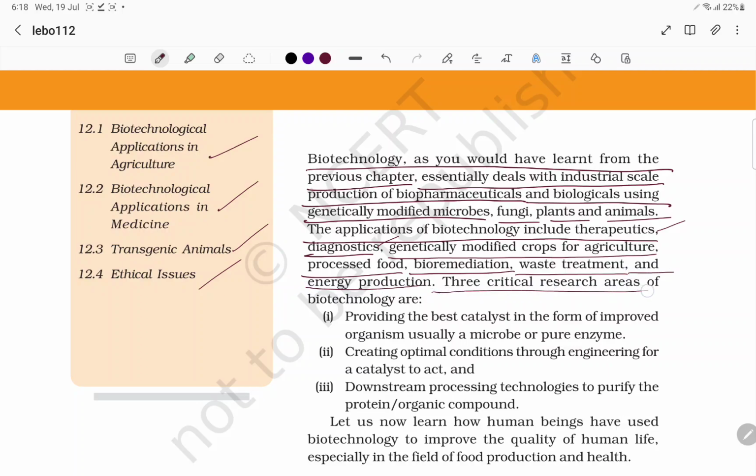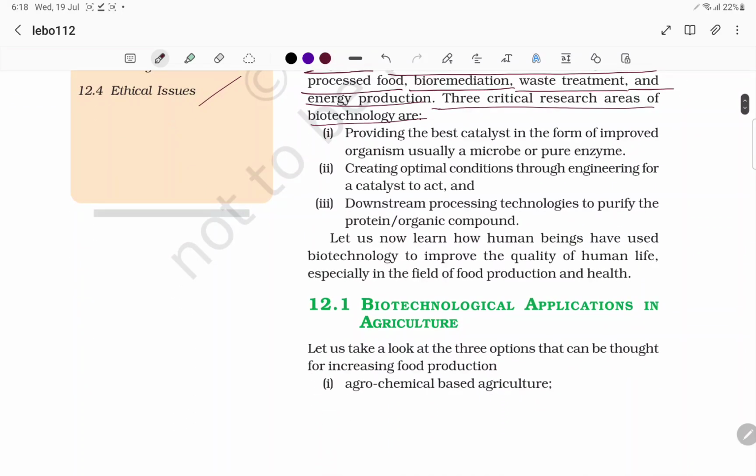So, three critical research areas of biotechnology are these. Remember: biopharmaceuticals, genetic modification of microbes, which is bacteria, fungi, plantae and animalia; and genetically modified crops for agriculture, therapeutics, diagnostics, processed food, bioremediation, waste treatment and energy production. First, providing the best catalyst in the form of an improved organism, including the microbe or pure enzyme, and creating optimal conditions through engineering for the catalyst to act.